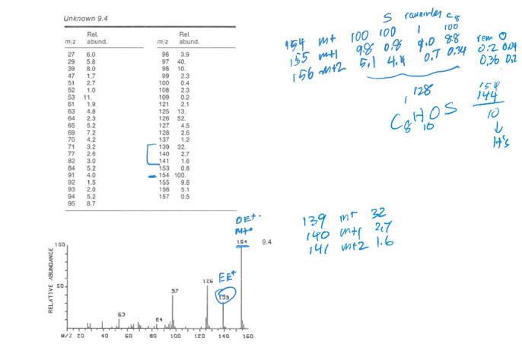So we just take 100 divided by 32, and we get whatever value that is, and then we multiply that by 2.7 and 1.6 to get the other ones. So we want to go up to 100% here, and if we normalize it, this is our normalized one, then we get 8.44 and 5.0.